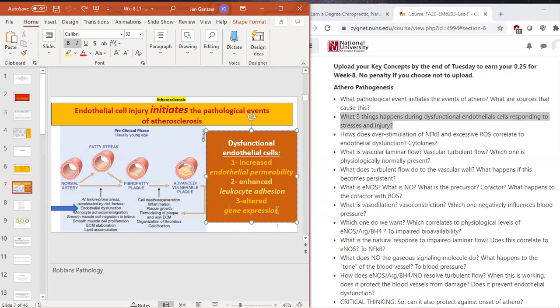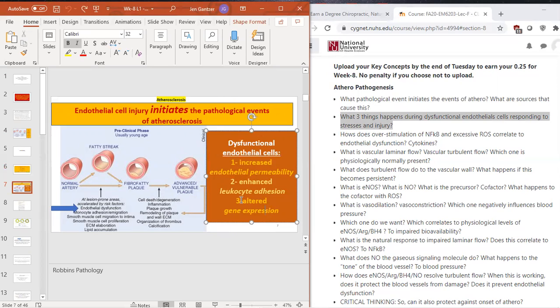And with the altered gene expression, remember, everything on an epigenetic level can be turned on or turned off. So if something is overstimulated and overactivated, then we're going to have that epigenetic upregulation. Just like when we have nuclear factor kappa B, that's a gene expression, and then it goes and upregulates the genes that it is responsible for. And of course, that is going to be altered gene expression.